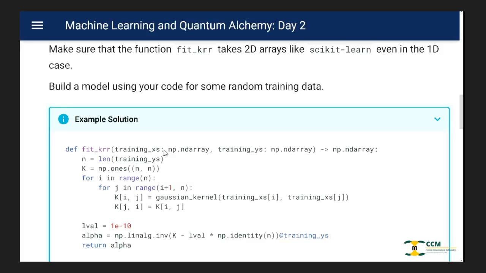Eu quero ver se funciona. Tem que trabalhar um vetor de 100 entradas.